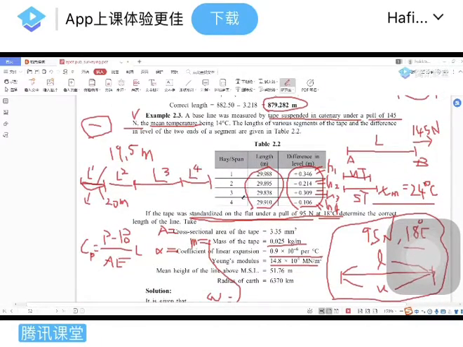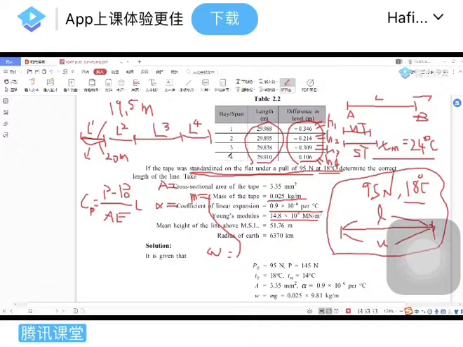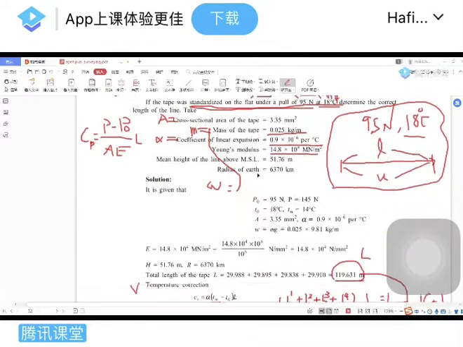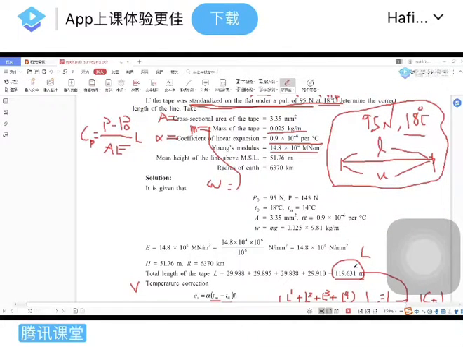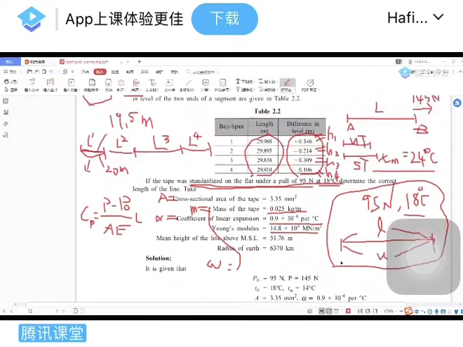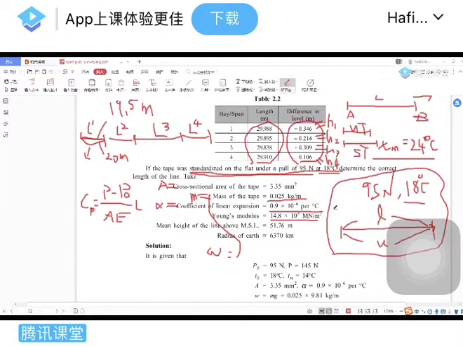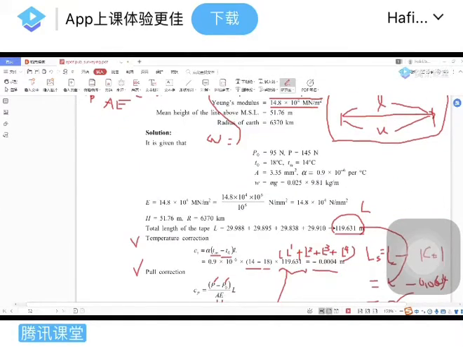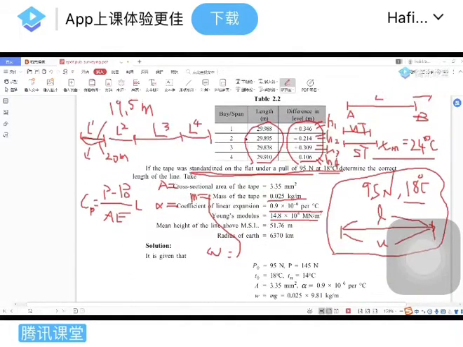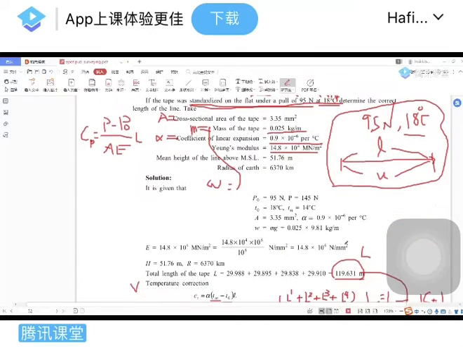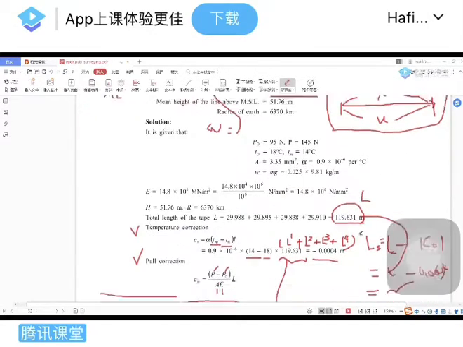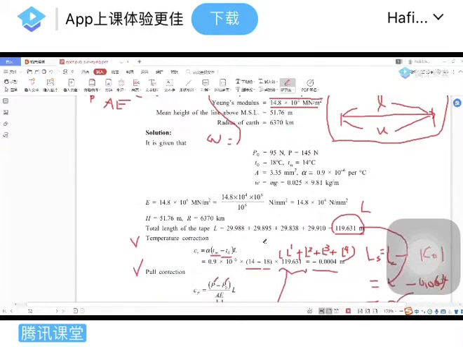What's the distance for the four spans? Now the four spans in total is 119.631. So if you are using this tape, what is the length of the four spans in total? Tell me this one. That is question 1.